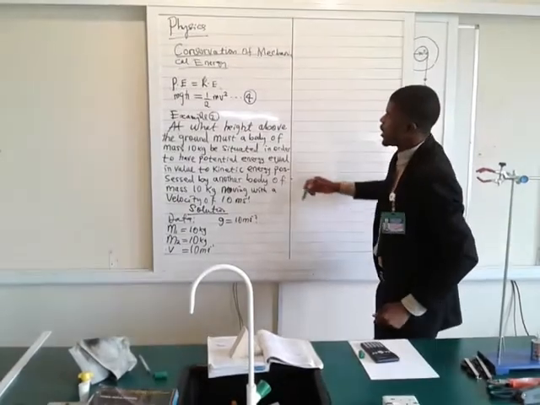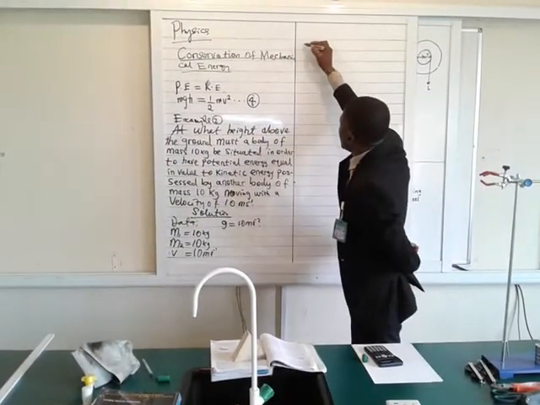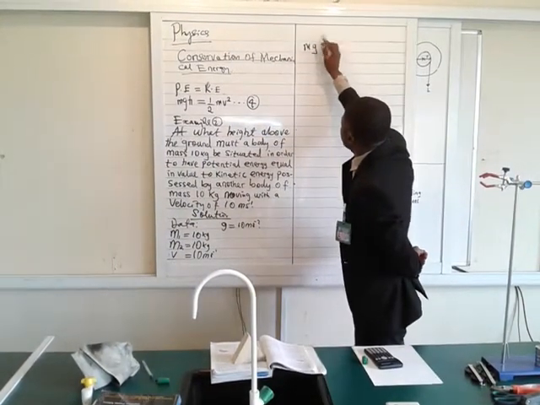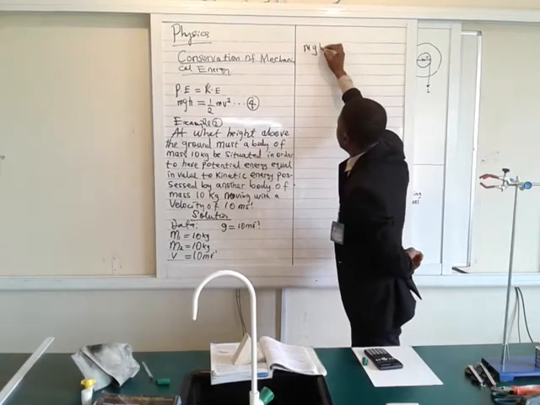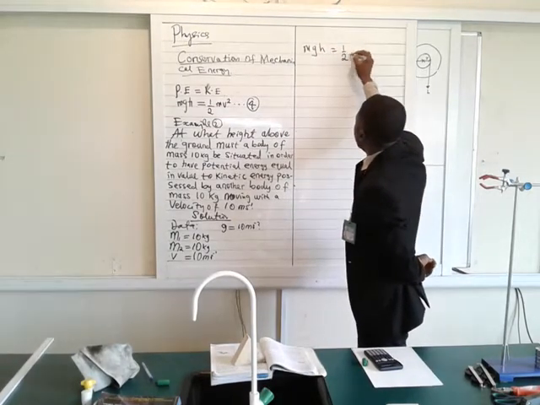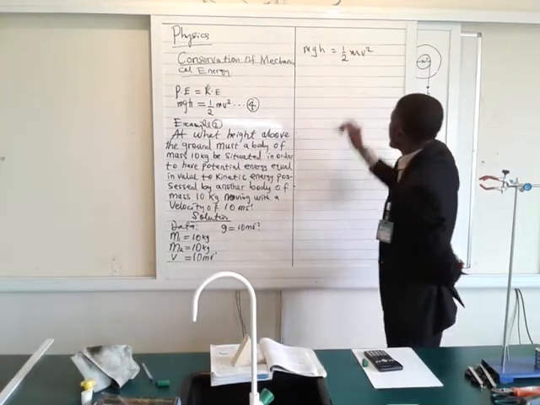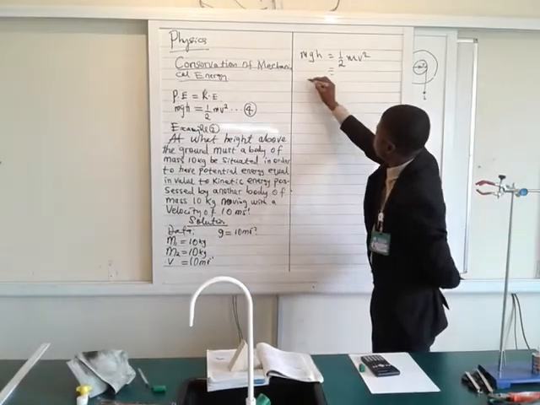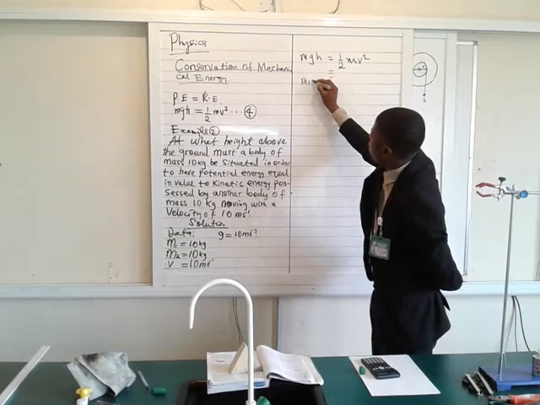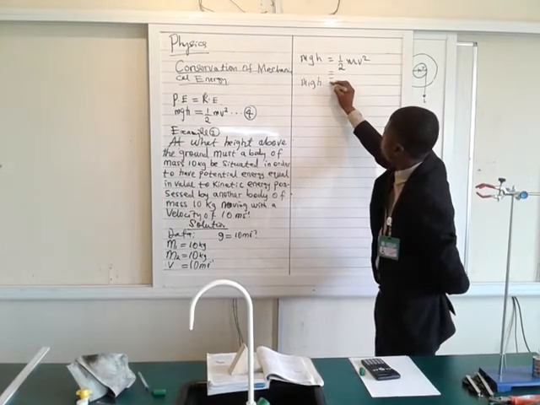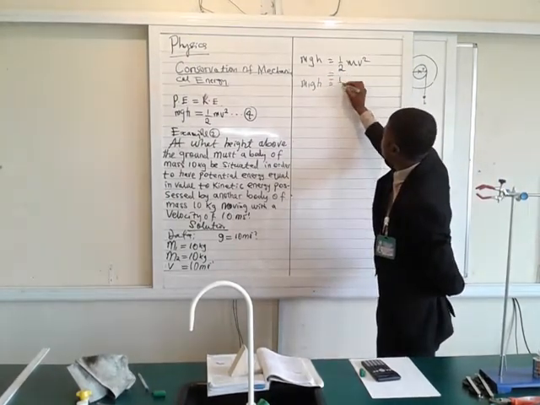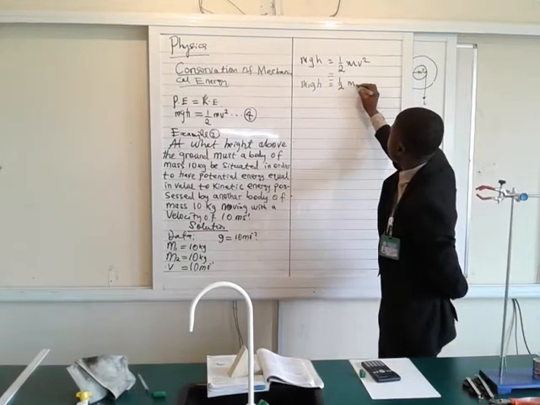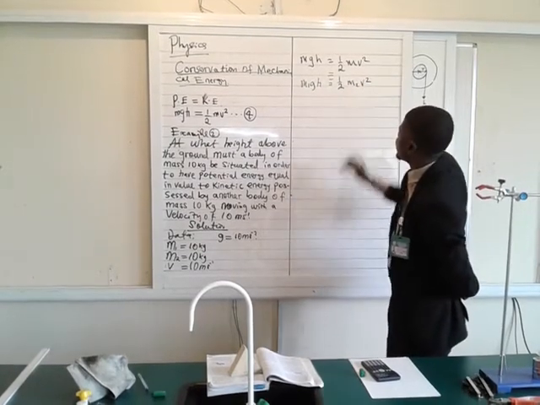So using the equation, we have mgh equals half mv squared. So this becomes m1gh equals half m2v squared.